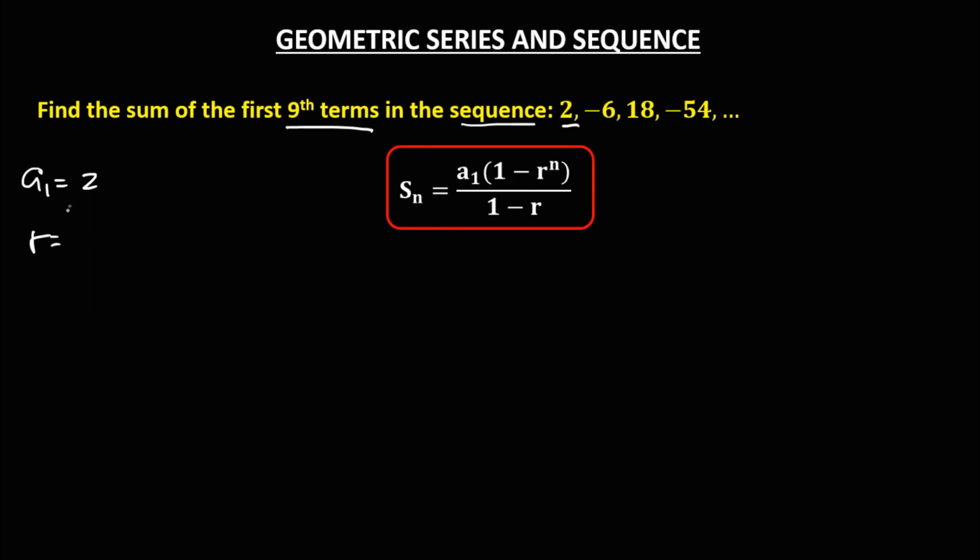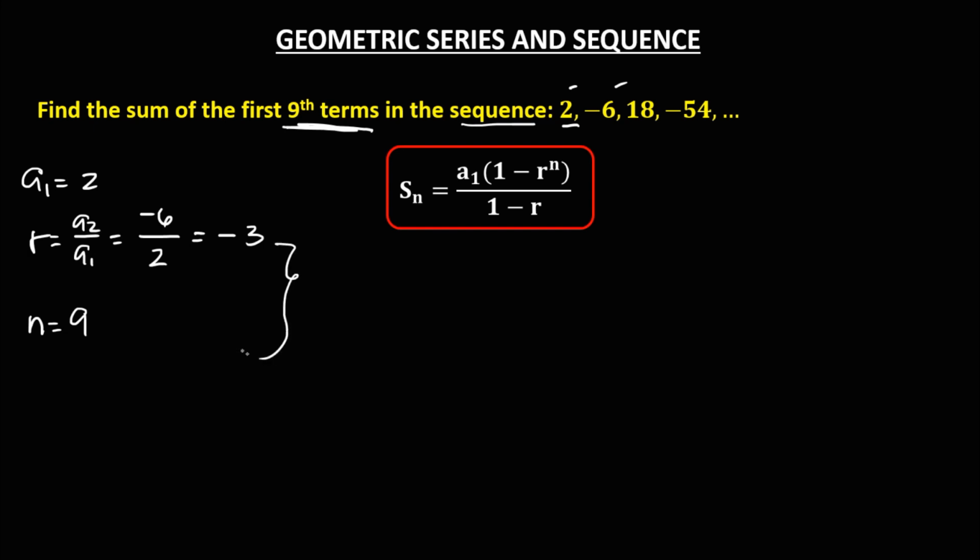The common ratio is a sub 2 over a sub 1. a sub 2 is negative 6 over a sub 1, which is positive 2. So the common ratio is negative 3. Then n, the number of terms: since we're looking for the sum of the first 9 terms, n is equal to 9.